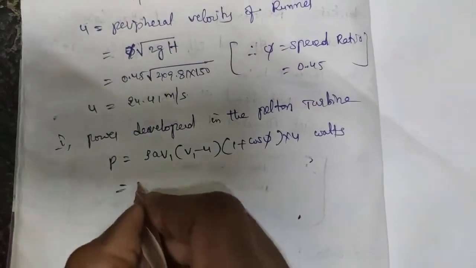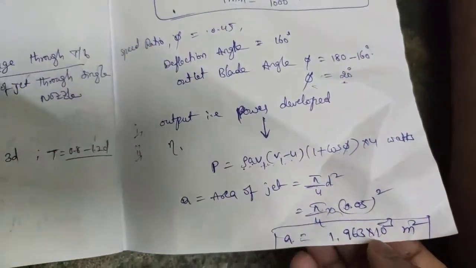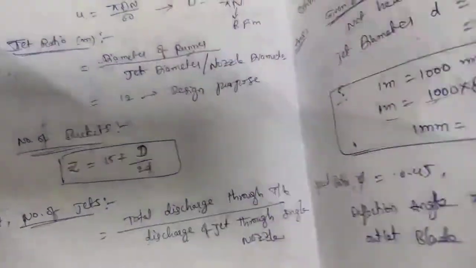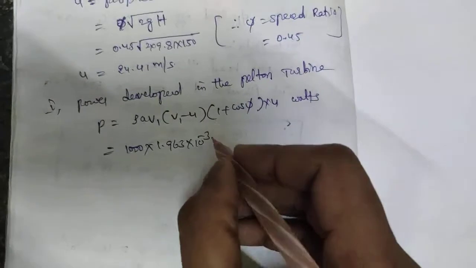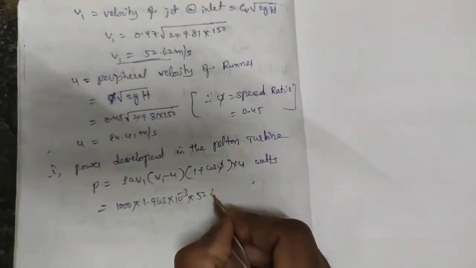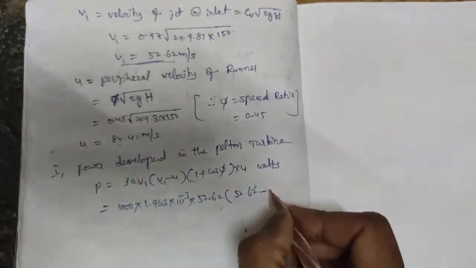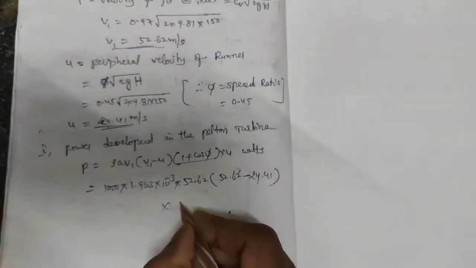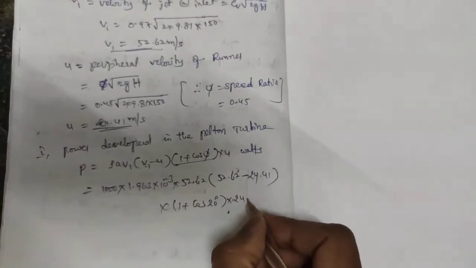The density of water is 1000, area of jet is 1.963 into 10 power minus 3, V1 is 52.62, minus U value 24.41, into 1 plus cos 20 degrees, into U value 24.41.